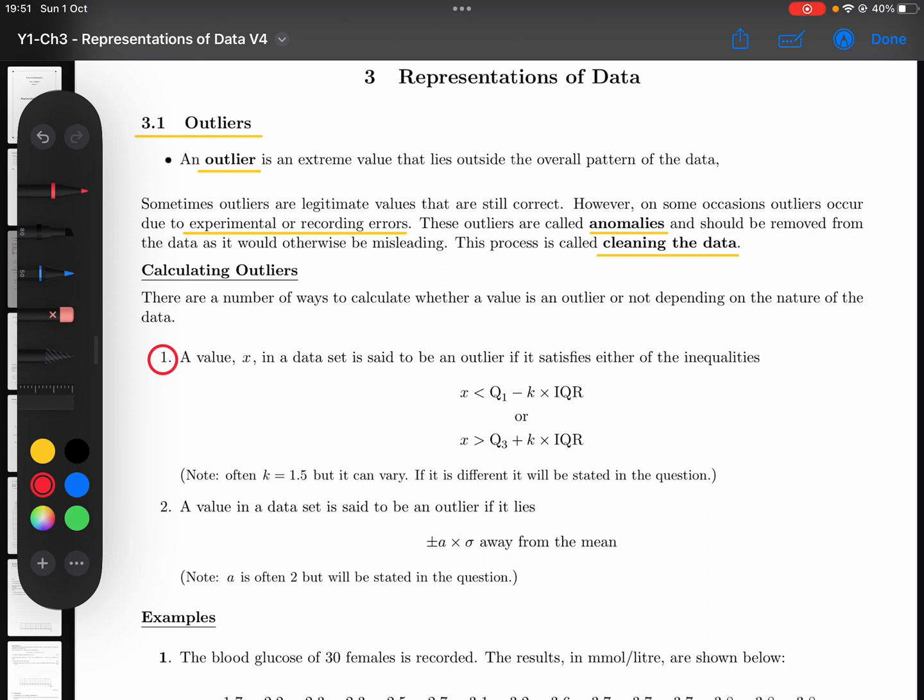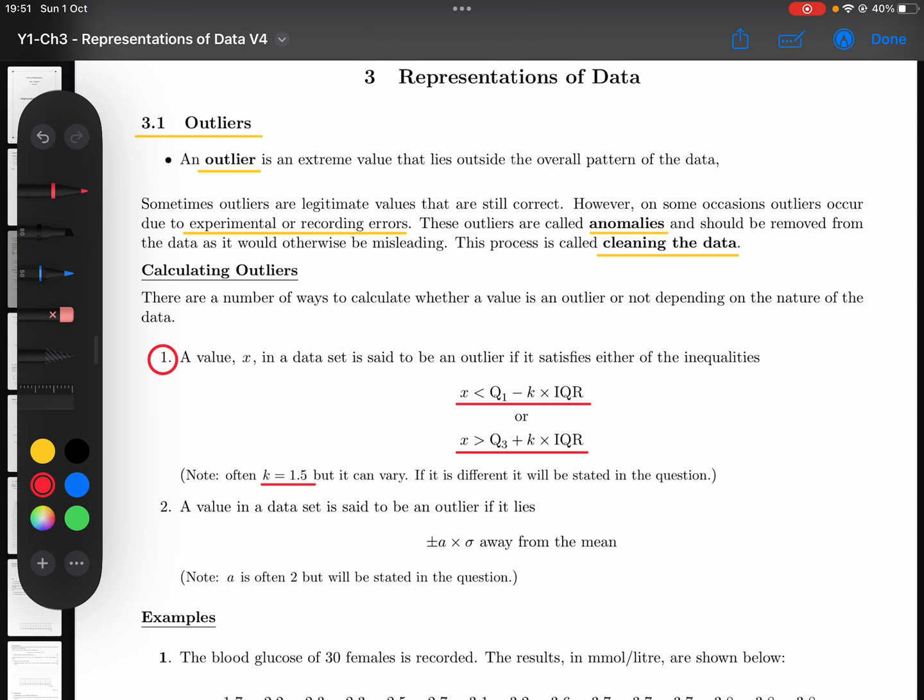The lower outliers would be given by this formula here, if the value is below the lower quartile subtracted some multiple of the interquartile range. And we've got a similar formula for the upper quartile plus some multiple of the interquartile range. We'll see this value of k will often be 1.5, but it can vary depending on different data sets. But in an exam, it will always be stated in the question.